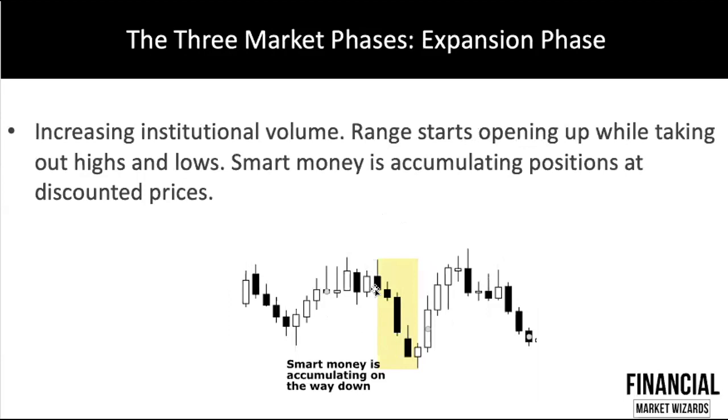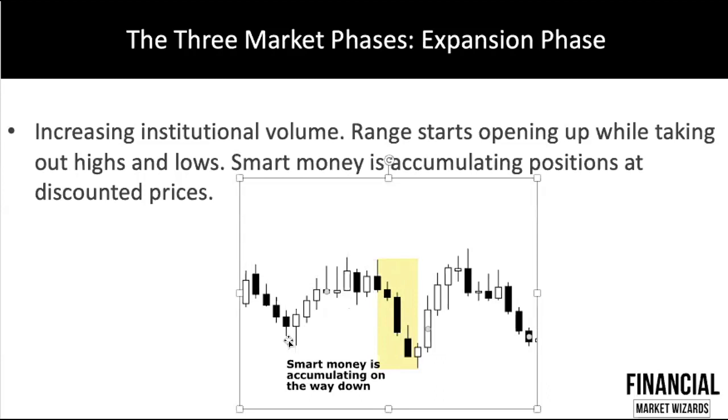So the range starts opening up. Look at this candle body, it's a big candle body now. You don't really see doji candles. And it starts taking out the highs and lows. So this low was taken out, this low was taken out. In this space, a lot of retail traders follow the trend.